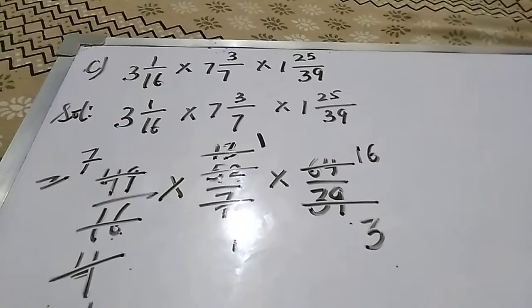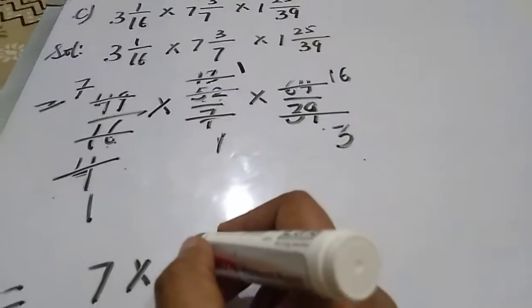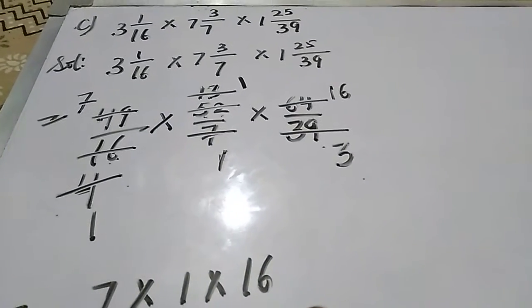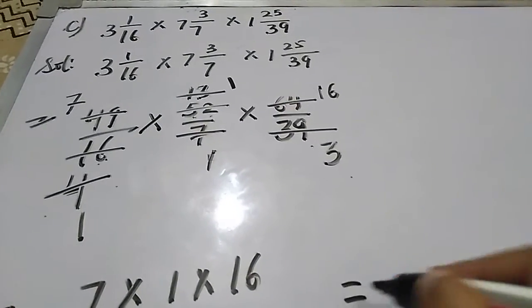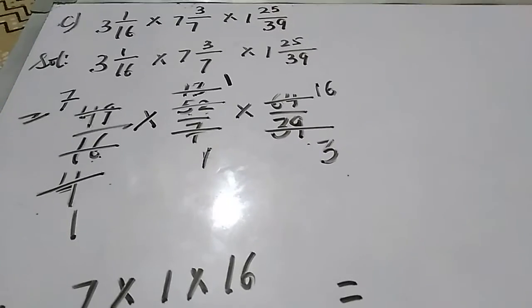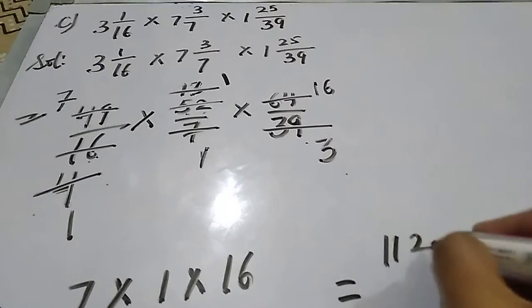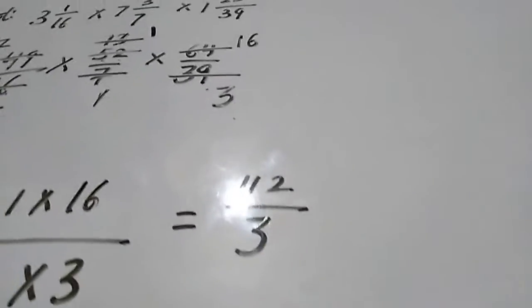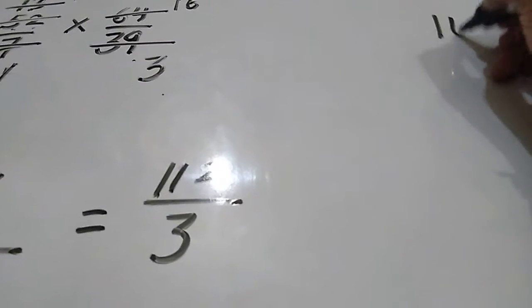So what you have to take: here is 7, 1, 16, and here is 1, 1, 3. So 7 16s, that is 112, and here is 3. So this is an improper fraction. That means you have to change it into a mixed fraction.